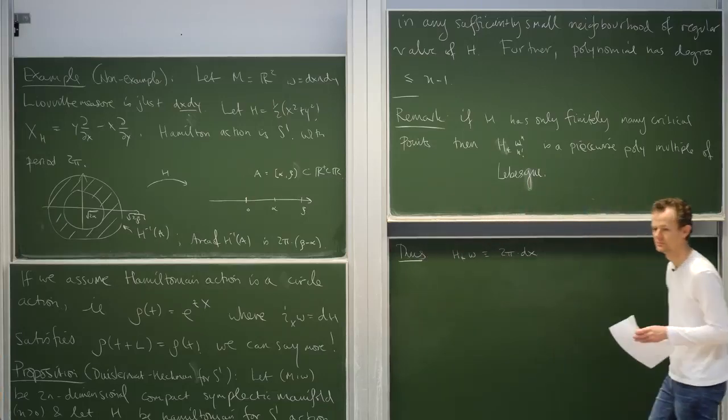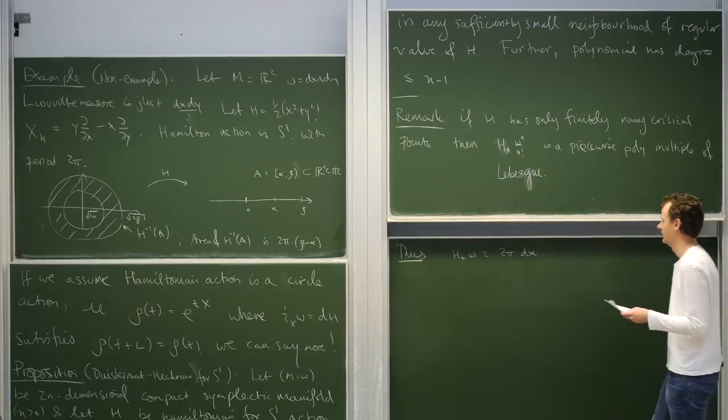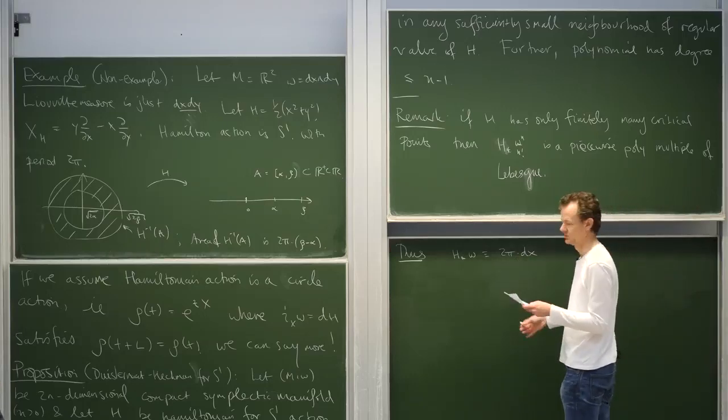So, the Duistermaat-Heckman measure is a polynomial multiple of Lebesgue measure.